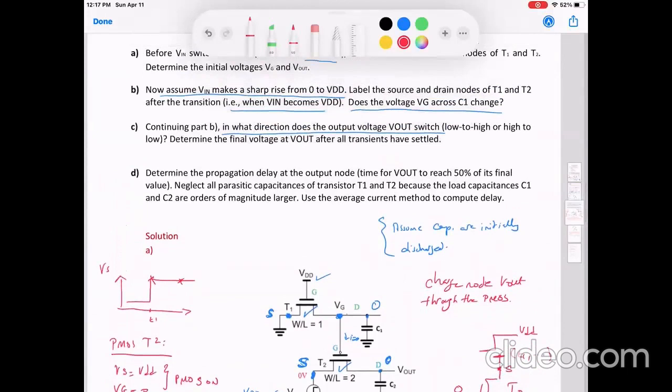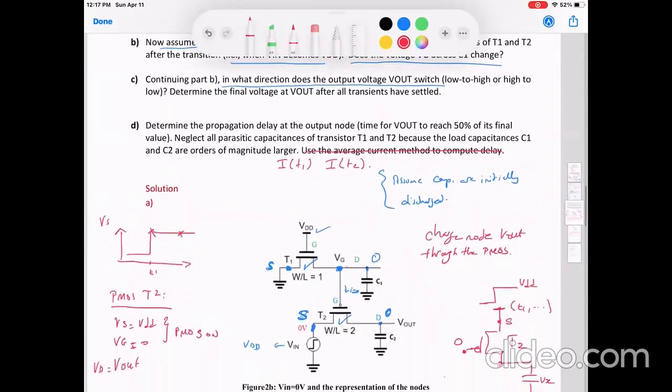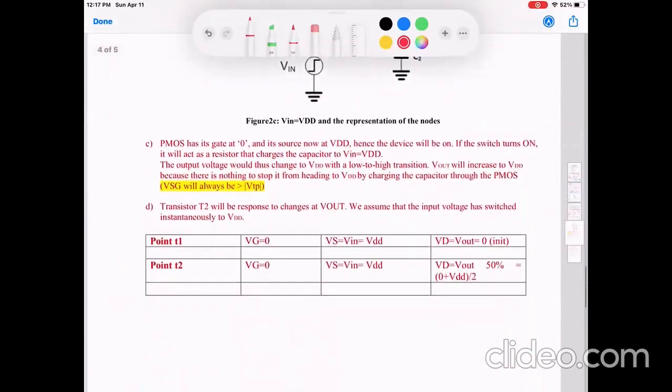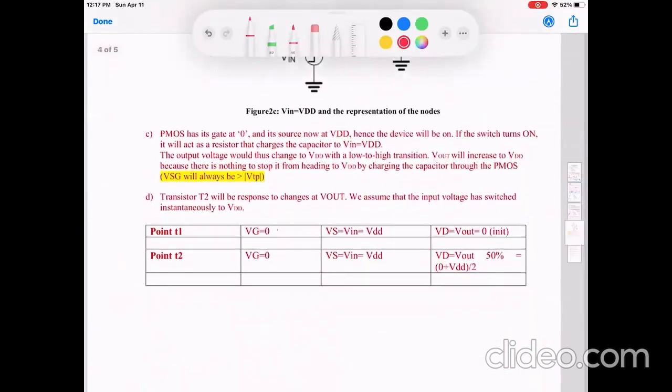We determined it. Determine the propagation delay. Now we are not going to use the average current method. We are only going to find I of T1 and I of T2. We build a table. At point T1, Vg equals 0, and the same at point T2. At points T1 and T2, Vs has flipped to VDD.